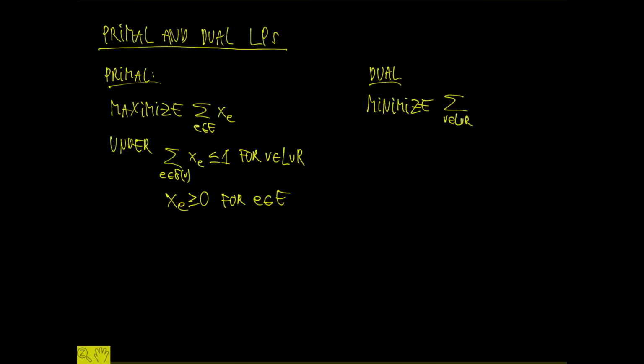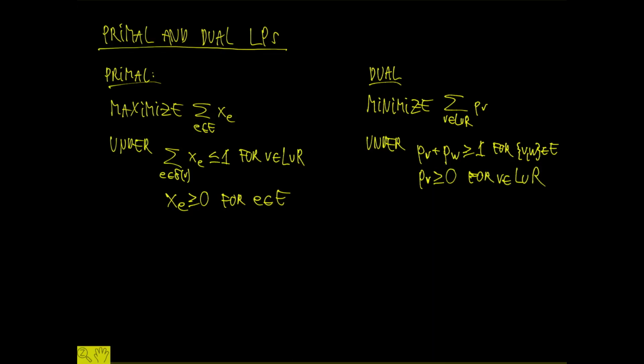In the dual, we get a minimization problem where we minimize the sum of the decision variables pv, where we have a decision variable pv for each constraint in the primal. That is, for each vertex we have a constraint that basically, transposing the constraint matrix, says that the two vertices of a particular edge, vw, need to add up to at least 1. And here 1 comes from the coefficients in the objective function of the primal.